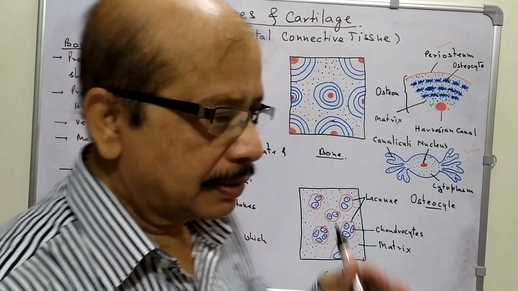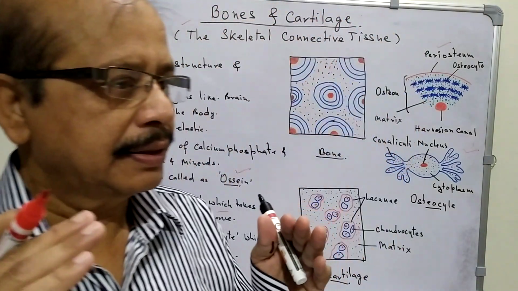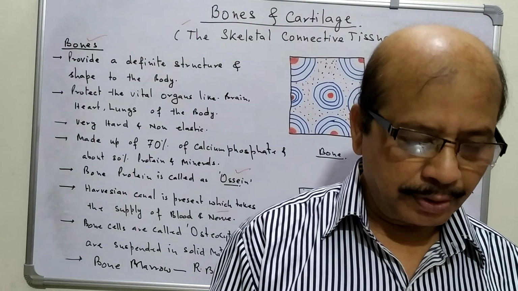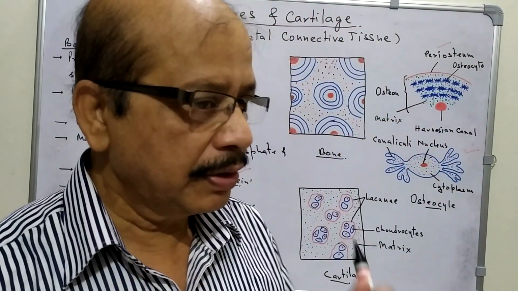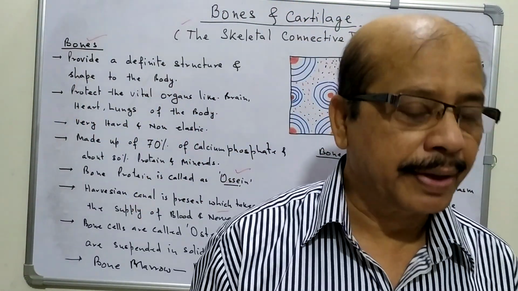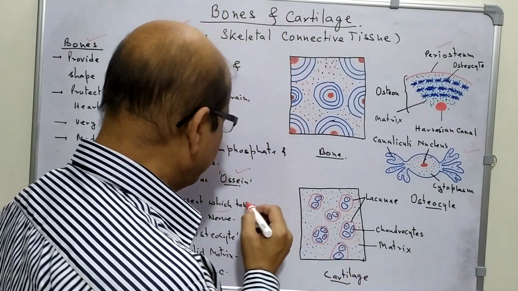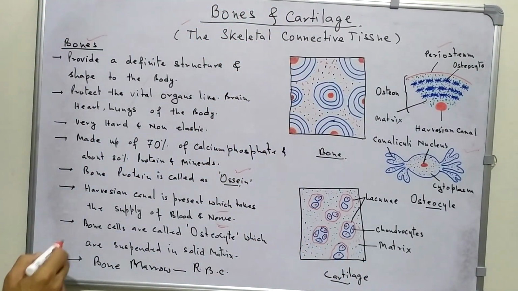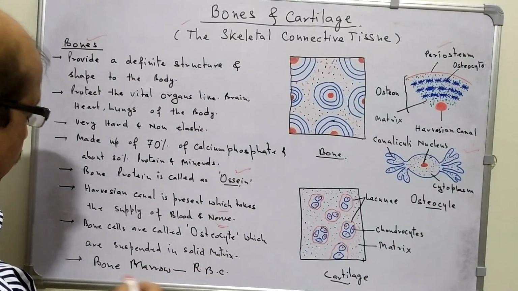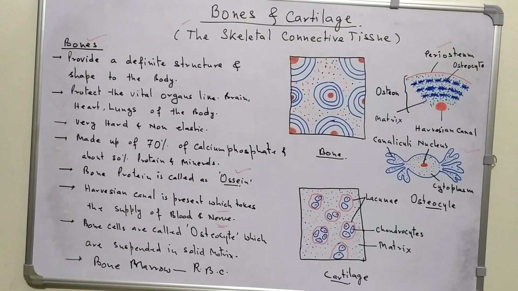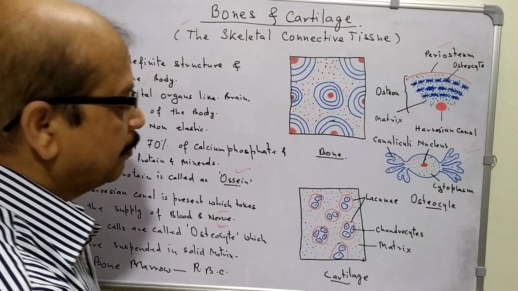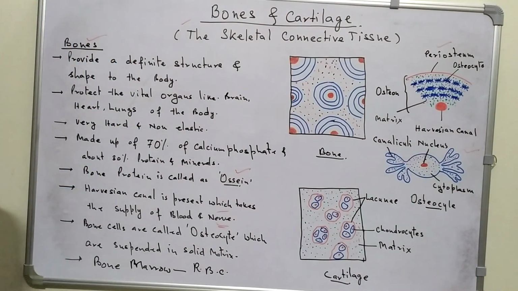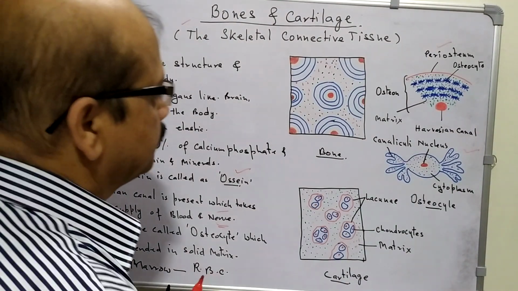If you have any pain or damage in a bone, you will feel severe pain because of the presence of nerves inside the Haversian canal. Bone cells are called osteocytes, which are suspended in solid matrix. Bone marrow takes part in formation of RBC.